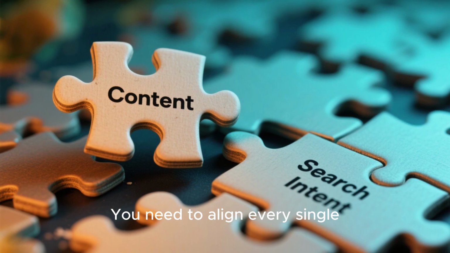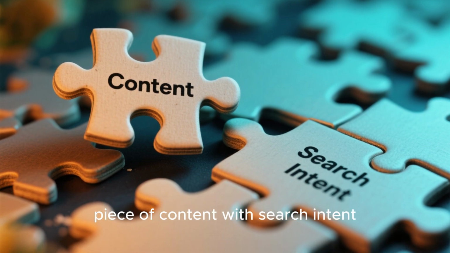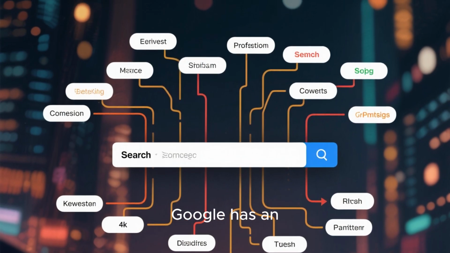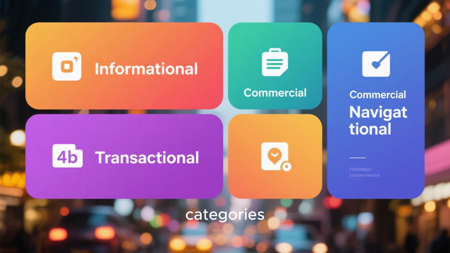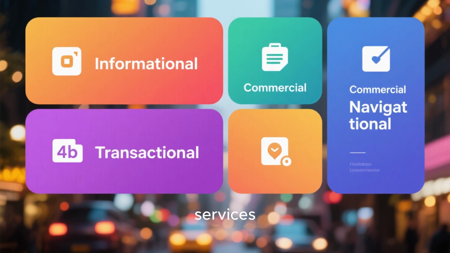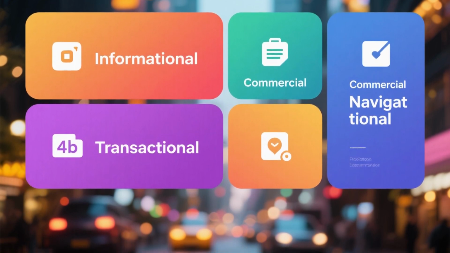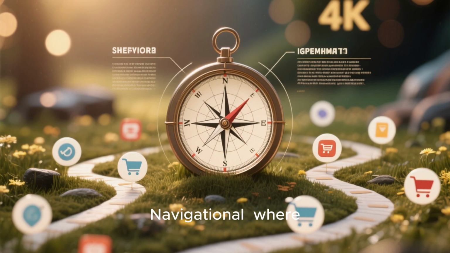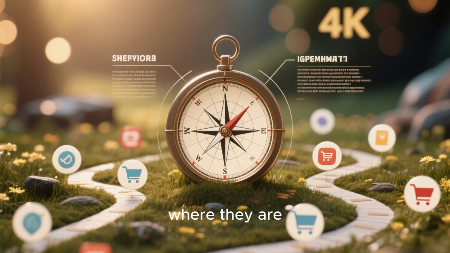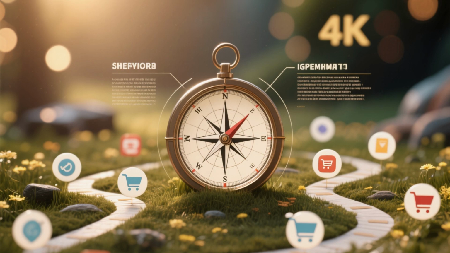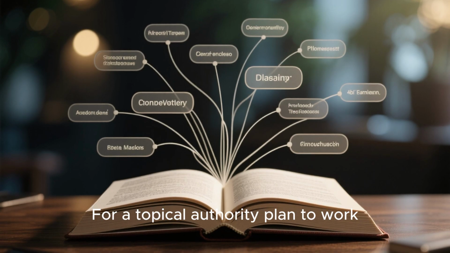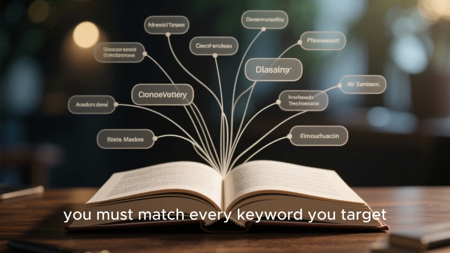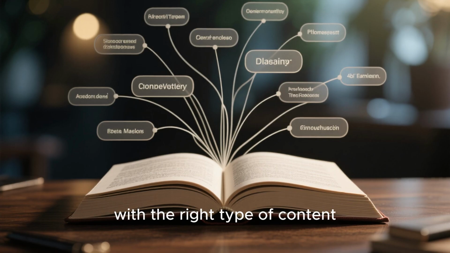You need to align every single piece of content with search intent. For a topical authority plan to work, you must match every keyword you target with the right type of content.